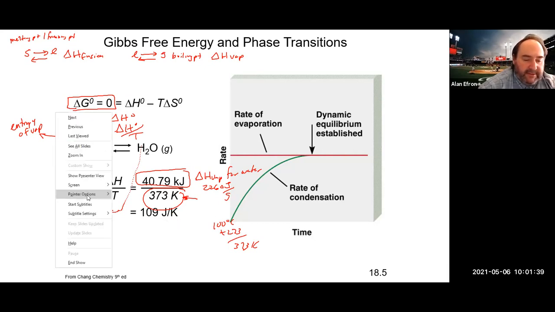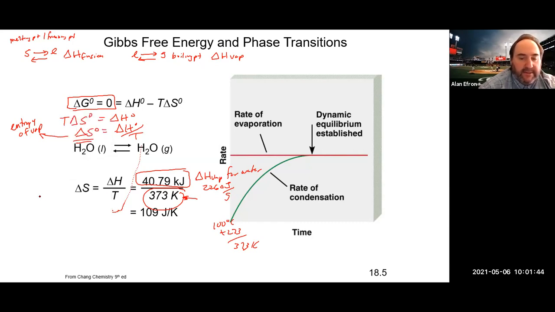And what that tells us is we do see an increase in the entropy as we're doing this transition, and that's what we would expect to occur, right? As we are going from liquid to gas, we're going from a state of more order to a state of more disorder, which means we would expect a delta S to be a positive number, which is what we do see here.